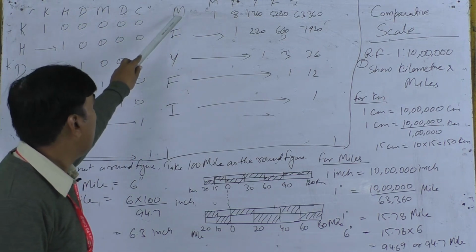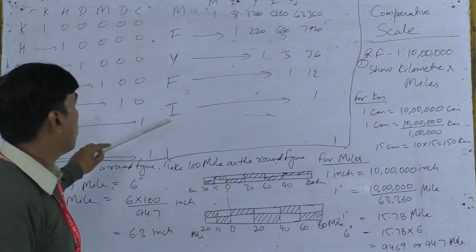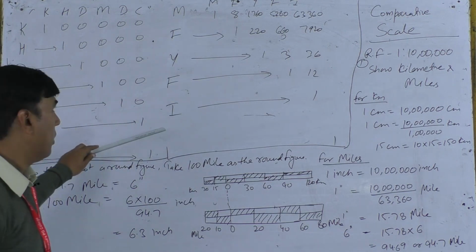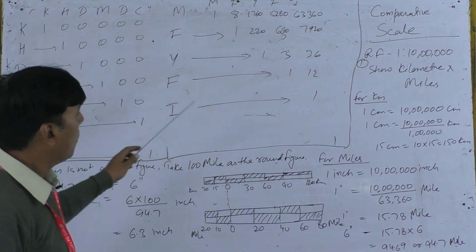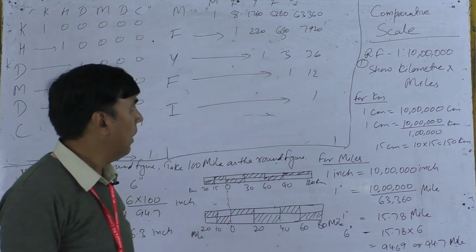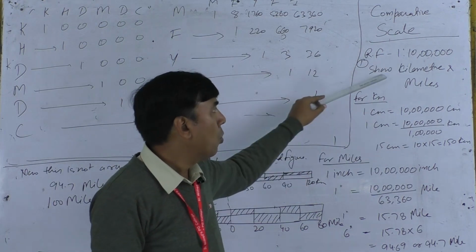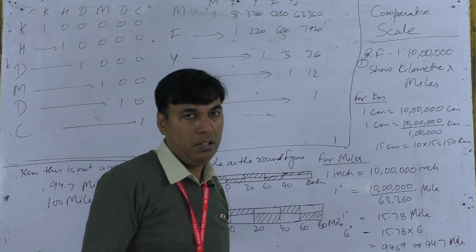This one is a bigger unit and this one, inch or centimeter, is the smallest unit. Okay, so now begin. Comparative scale, RF 1:10 lakh, show kilometer and miles.